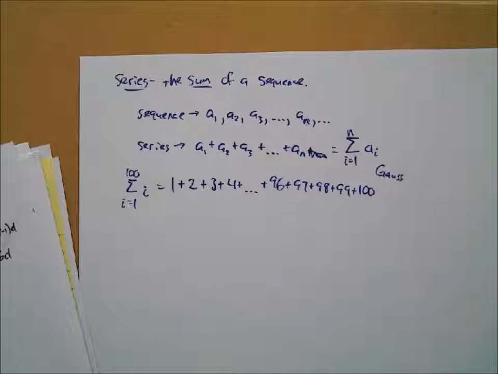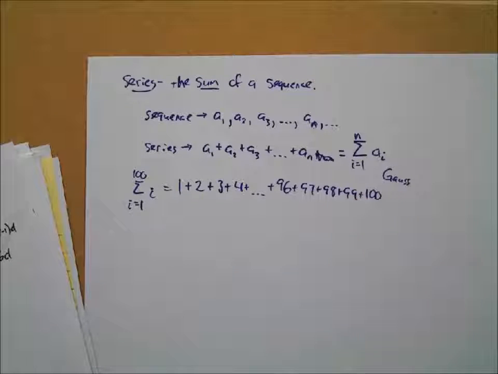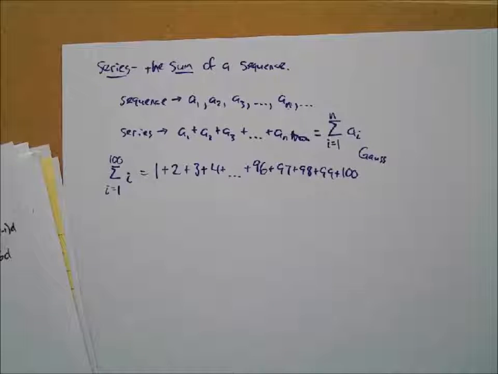Ideally this would take some time because they had to sit there and do 1 plus 2 plus 3 plus 4 and start carrying ones and things like that. But Gauss took maybe a couple seconds and brought his answer up almost immediately to the teacher, much to the teacher's surprise. When the teacher looked at the student's paper, they realized, oh, that's a different way of thinking about it.